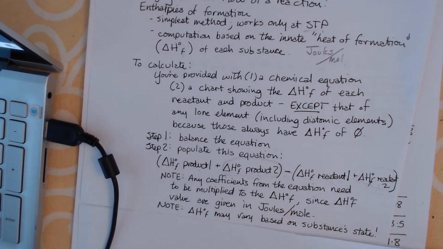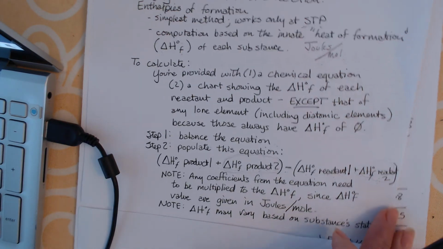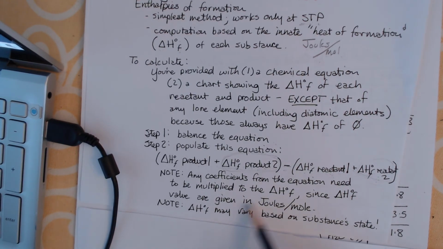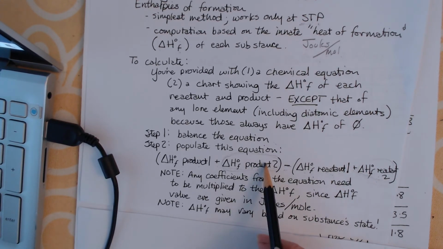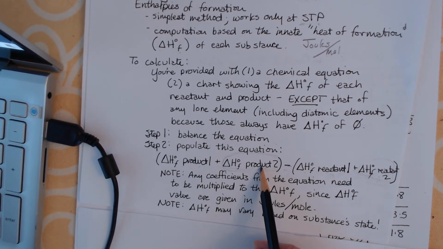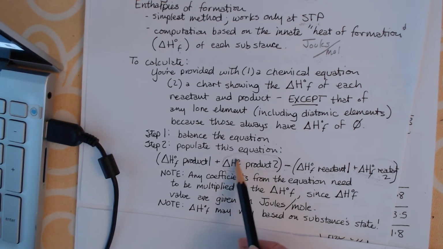Okay? And remember that when we look things up for our standard heats of formation, values are given to us in joules per mole. And that's why we have to do this multiplication I talked about if we do have coefficients. So if I had 2 moles, I have to multiply by 2.